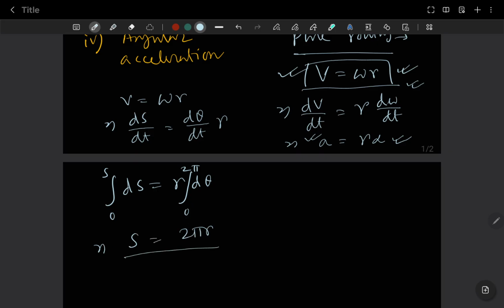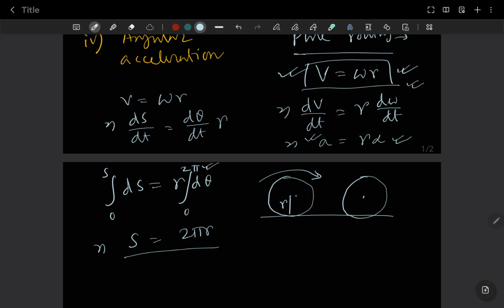See, we know that if this wheel of radius r makes a complete 360-degree rotation and goes to the next position, that's why we have integrated this from 0 to 2 pi, a complete 360-degree rotation.